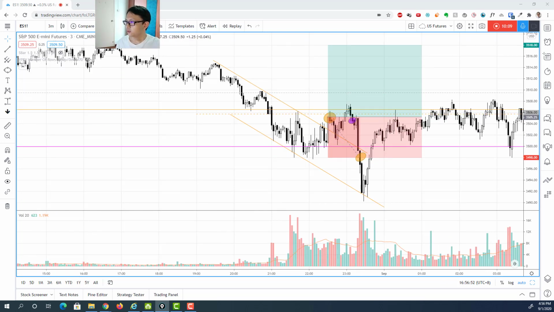First of all, we have this type of down move, traveling within this down channel, until it hits the 3500 level, and we can see that there is definitely price reaction at the 3500 level. So first of all, this shows that it's a valid level that I'm watching.